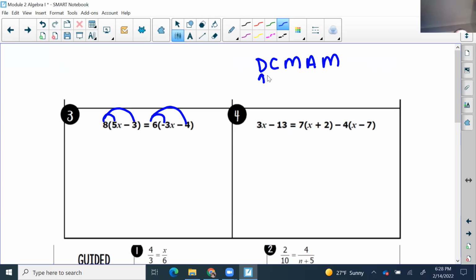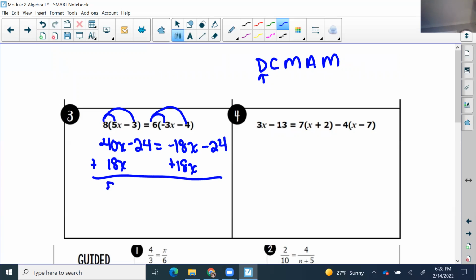So I distribute. So I have 40x minus 24 is equal to negative 18x minus 24. Okay, this is a great one. I really actually like these types of equations because watch what happens. I'm going to add 18x to both sides of the equation.